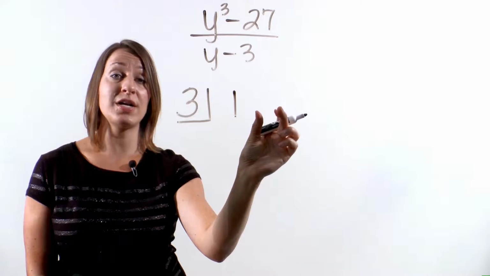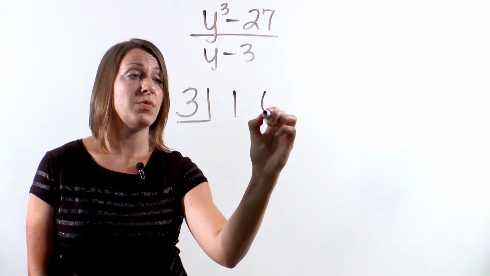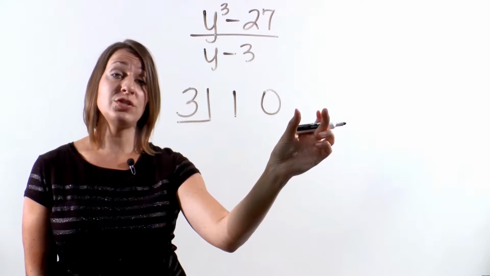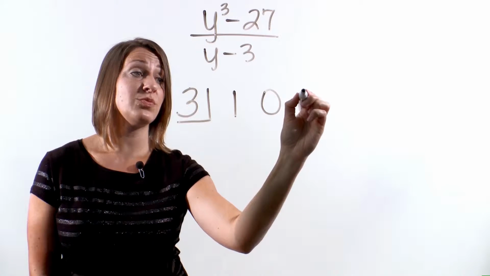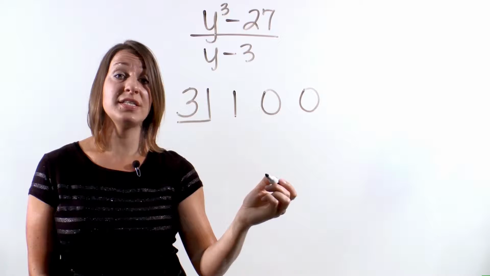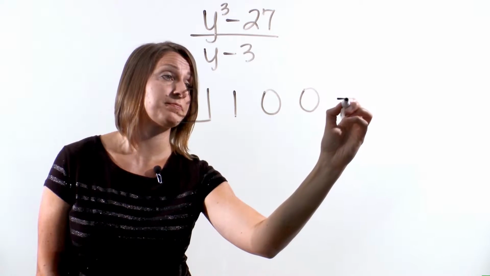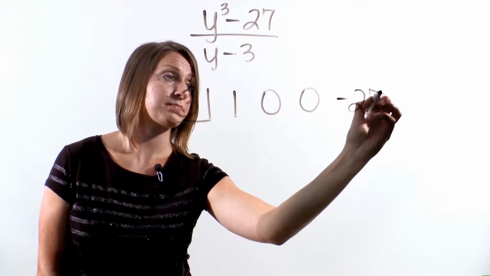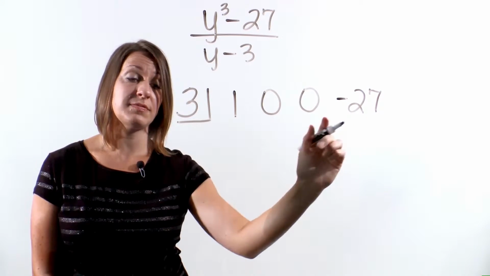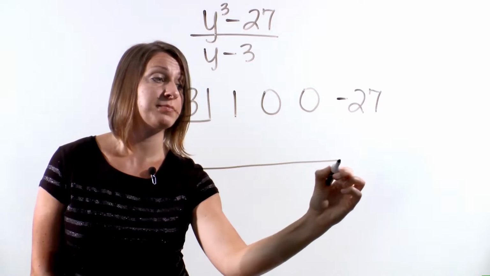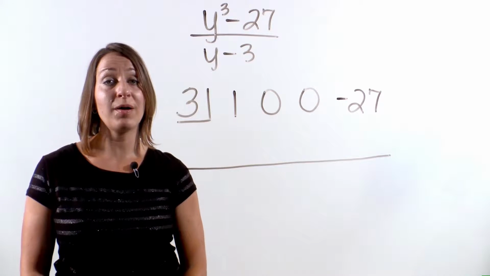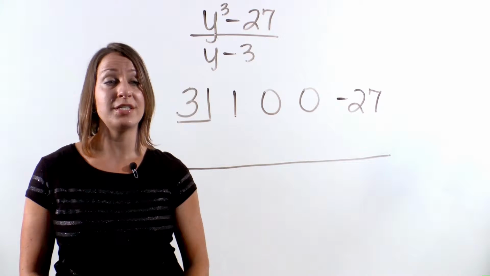We do not have a y squared term, but we need to put a 0 placeholder. We do not have a y term, so we'll need another placeholder. And then we have a constant of negative 27. I want you to leave yourself a space and then draw a straight line. Now we have the problem all set up and we're ready to start.